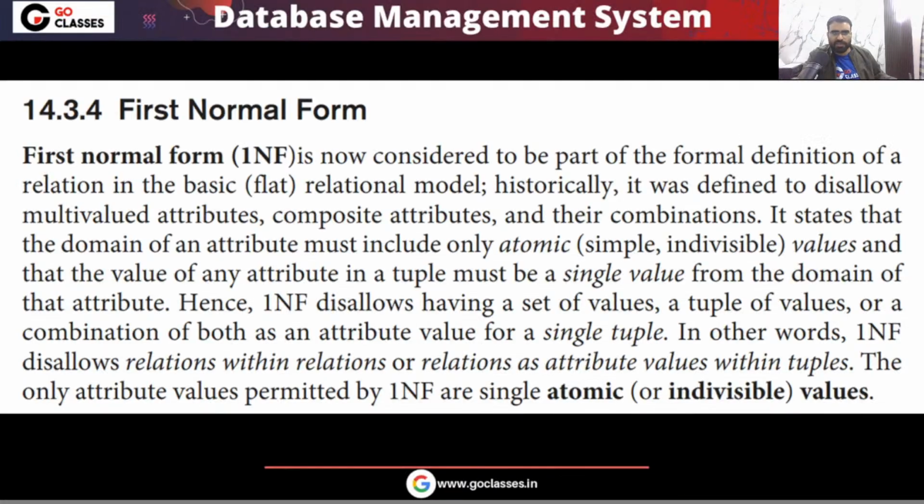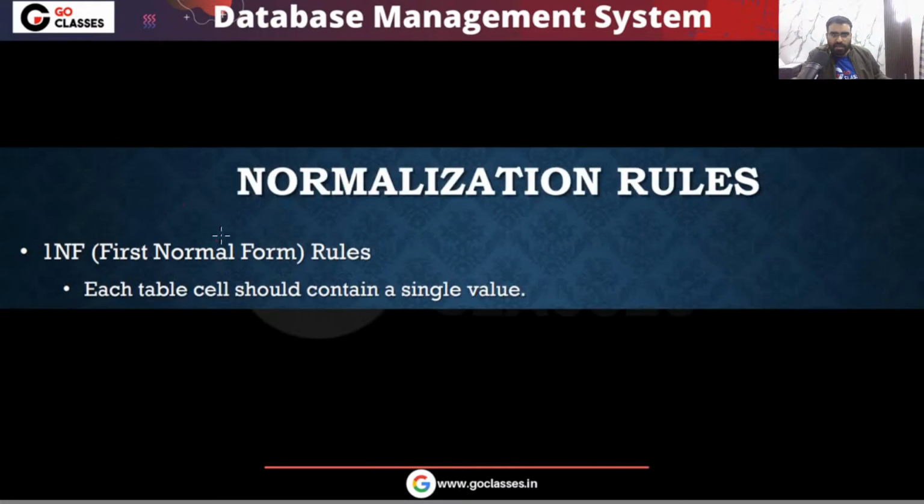The first normal form disallows multi-valued attributes. We don't allow composite attributes. And remember, we don't allow sets of values. 1NF does not allow sets of values. Basically, in every table cell, we should put a single value.